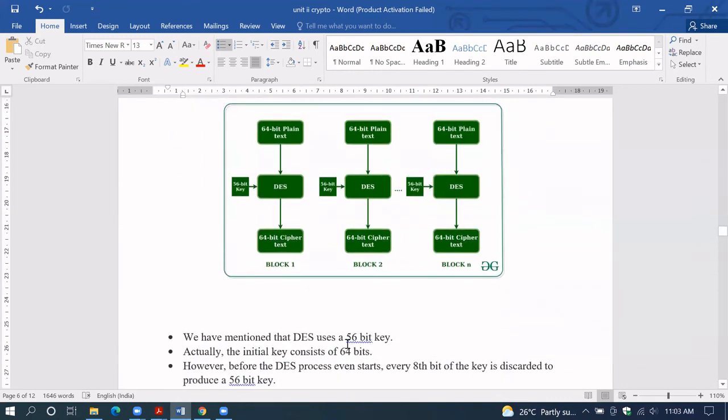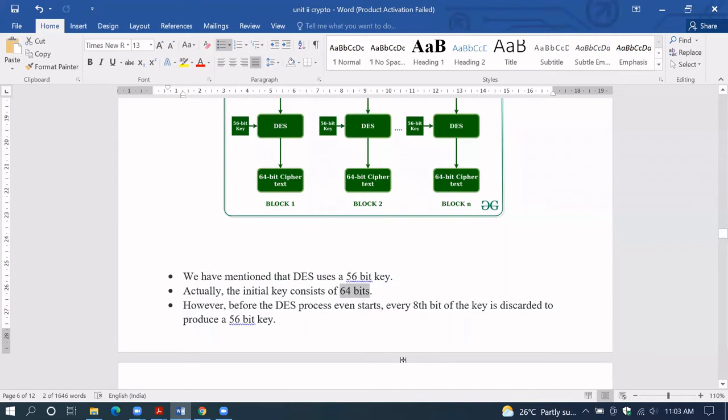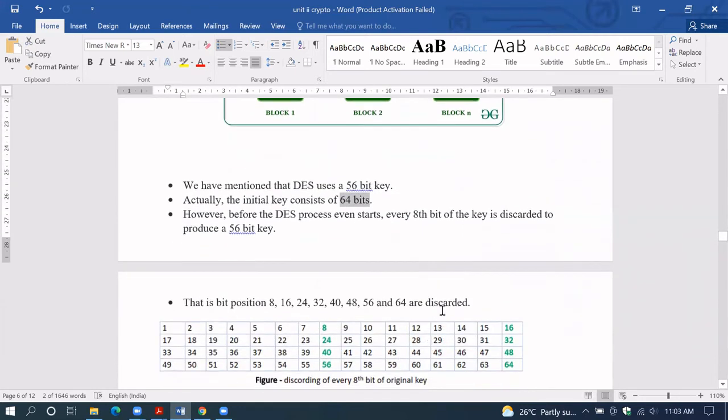We have already mentioned that the key is of length 56 bits, and initially the plain text is of 64 bits. So before the DES process starts, we have to obtain a key with 56 bits, because usually a key will be of 64 bits, so we have to convert it to 56 bits.